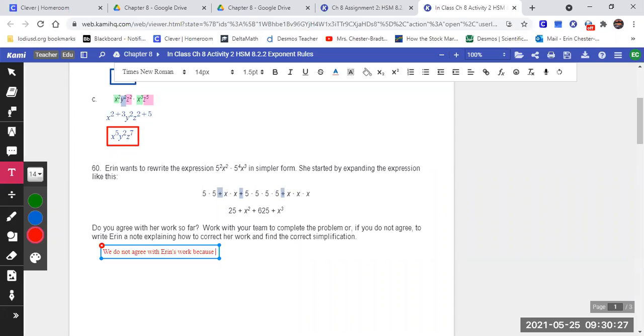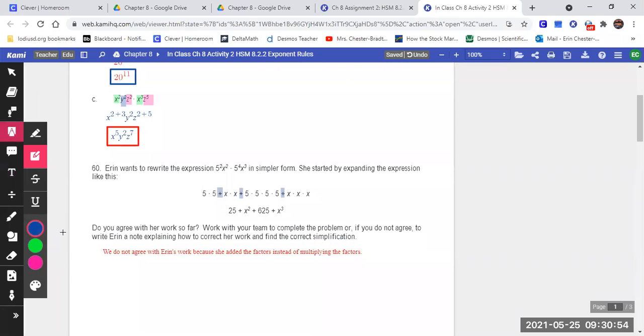Oh, there should not be any addition on this because our problem to start has no addition symbol, right? Because she added the factors instead of multiplying the factors. That was a problem. She can't add them. There's no addition in this problem right here.